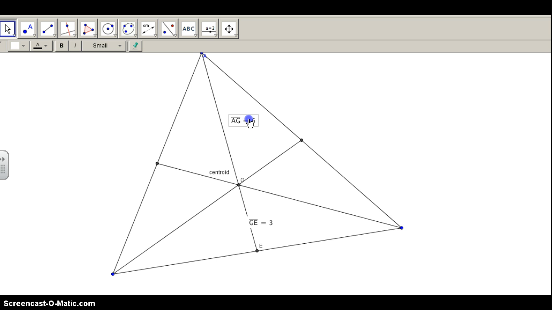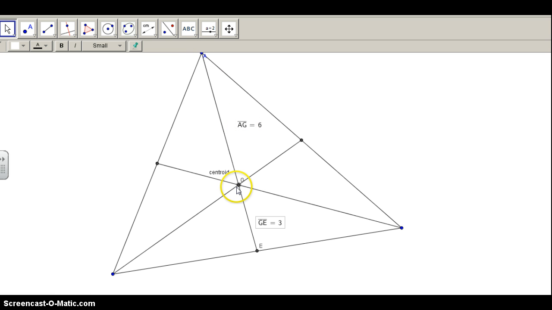Look at that, we've got 6 and we have 3. So the distance from the vertex to the centroid is 2 times the distance from the centroid to the side of the triangle. Now, if you think about that as a ratio, if my distance from centroid to the side of the triangle is 1 part, then the centroid to the vertex is 2 parts, for a total of 3 parts, right?